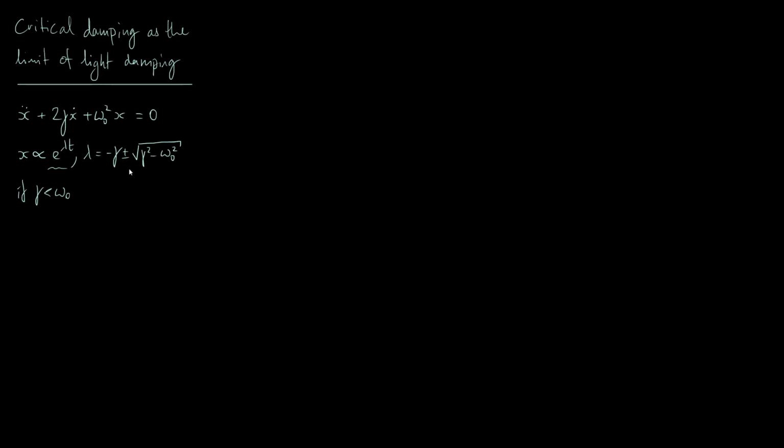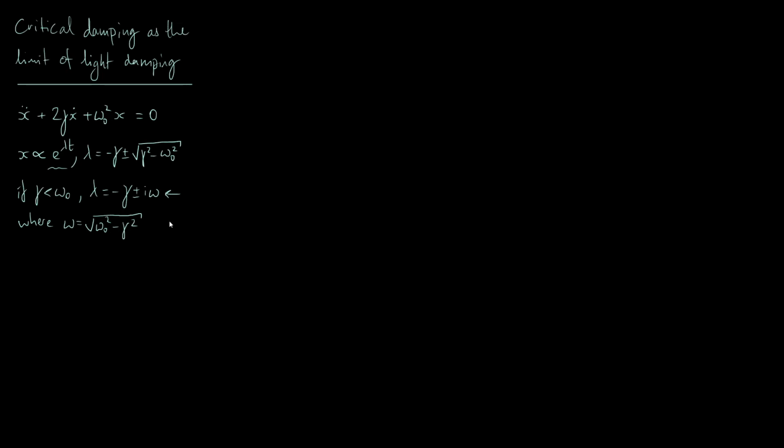And so for notational convenience, I'm going to write lambda as minus gamma plus or minus i times omega, where omega is equal to the square root of omega naught squared minus gamma squared. The reason for defining this omega will become clear just now, because when you go through a bit of algebra, you've got your solution as e to the lambda t, with two different lambdas given by this expression here.